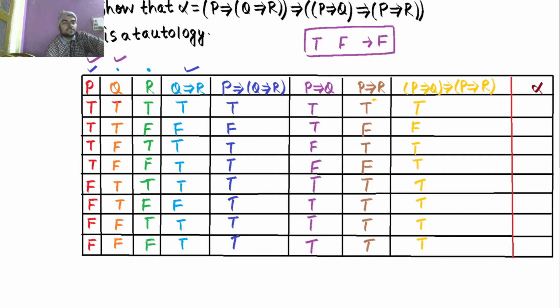For the sake of simplicity, because we have calculated this entire thing which is in one bracket, I'm talking about this, and now we have to calculate P implies Q, P implies R. We have calculated this also.